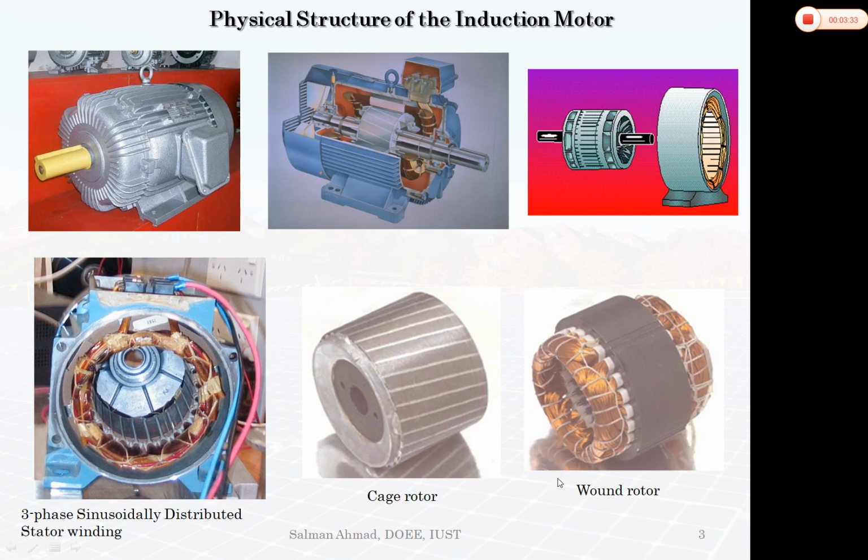So again these windings are balanced and distributed in space. Now the stator and rotor windings can be star connected in a three phase system, or they can be delta connected. And the rotor windings are connected with the help of some external resistance, so that whenever there is induced EMF in the winding, there will be currents in the winding.